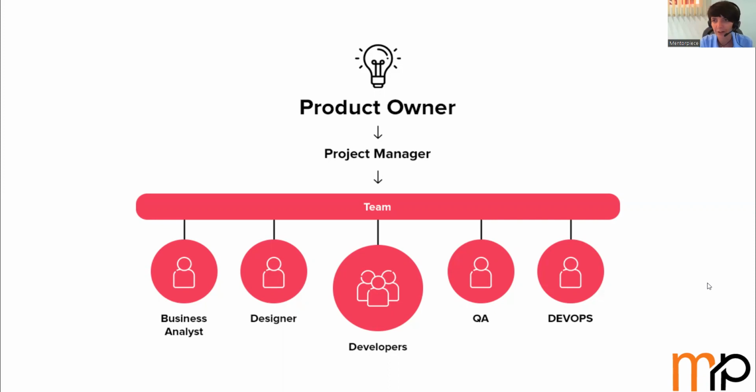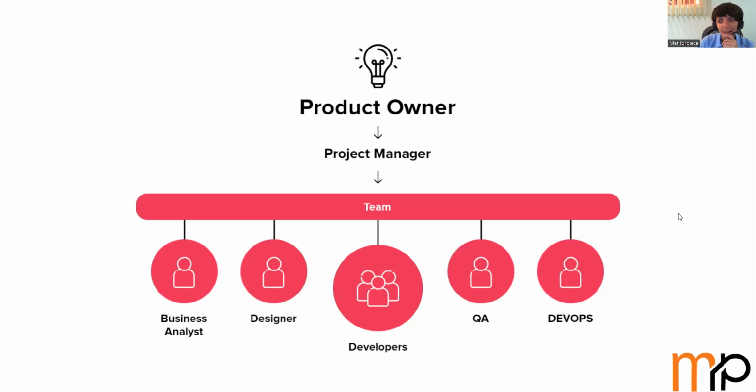We are saying development team, meaning not only developers, not only programmers, but every person who is involved in the implementation of the software. Firstly, those are business analysts, designers, developers, QEs, of course, and DevOps. That's strange people, and nobody knows what they are doing.